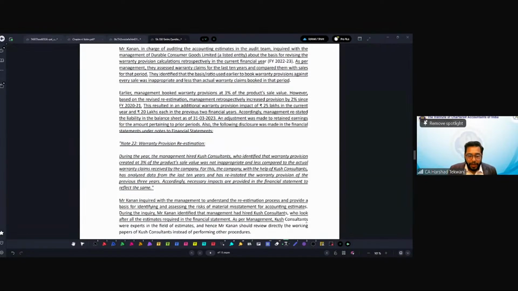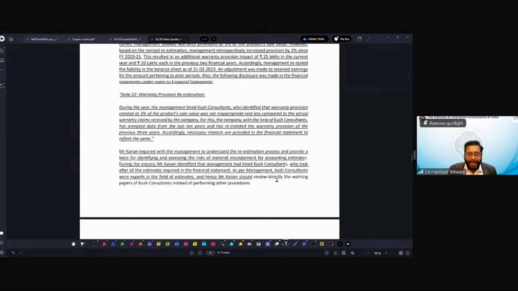As per the management, push consultants were experts in the field of estimates, and hence Mr. Kannan should directly review the working papers of the push consultants instead of performing other procedures. That was what management was saying, because they hired the independent expert.